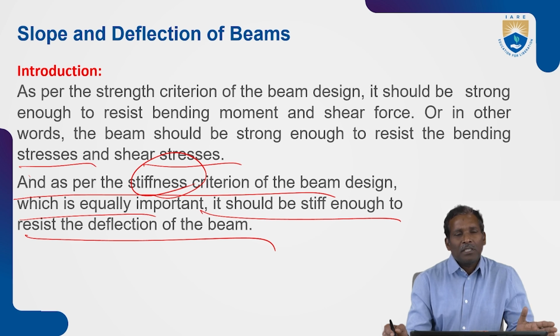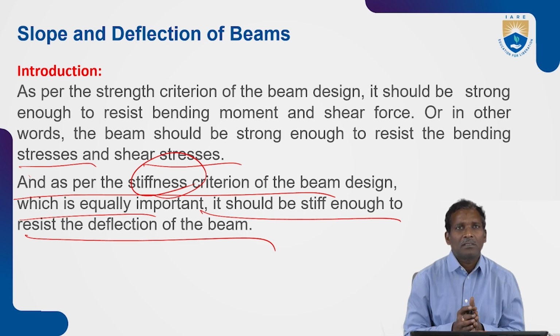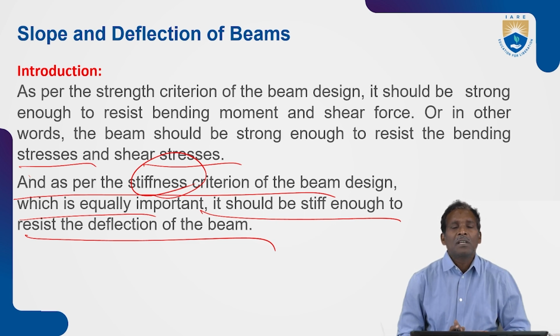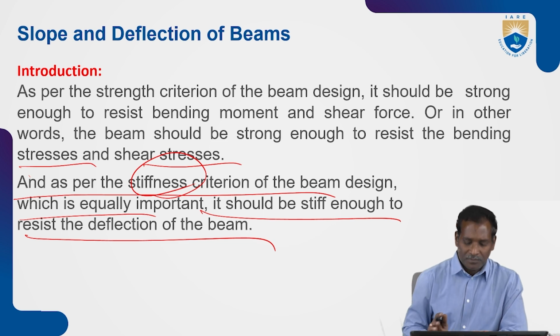So when the beam is designed on the basis of stiffness, it can withstand the deflection of the beam. So on a strength basis, it can withstand the bending stress and shear stresses. This is the difference between strength based and stiffness based design.